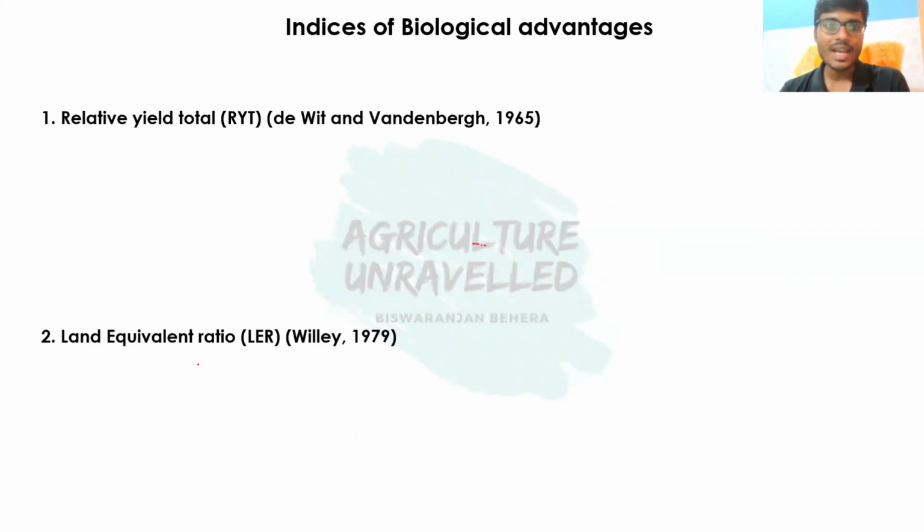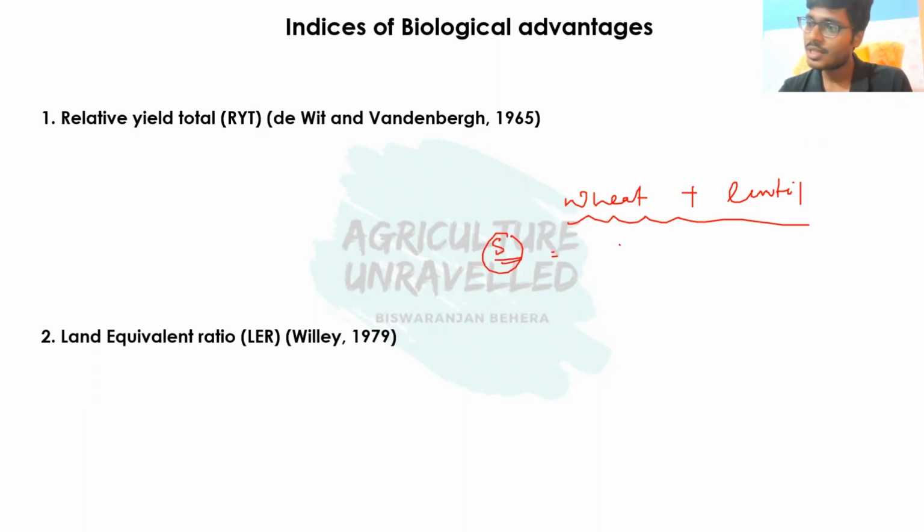Here I would like to give another example. For example, the intercropping situation is wheat plus lentil. Okay, in examinations, this kind of question can be asked. Like the intercropping situation is wheat plus lentil. In case of wheat, the sole crop yield is 3.33 ton per hectare, and in case of lentil, the yield is 1.04.